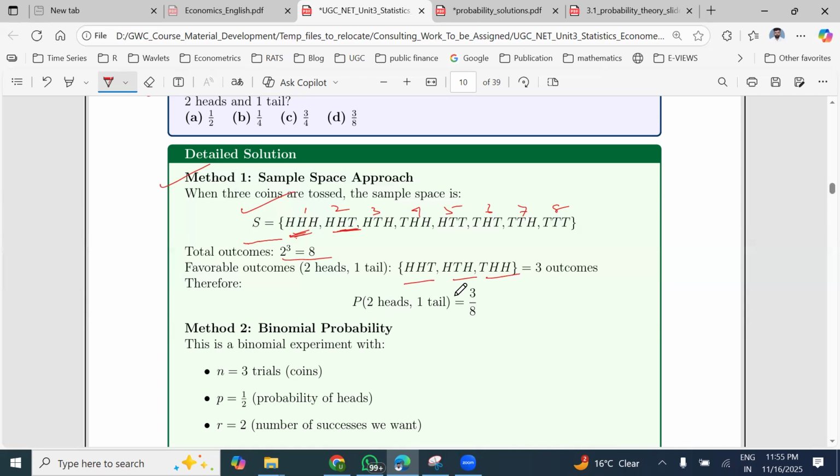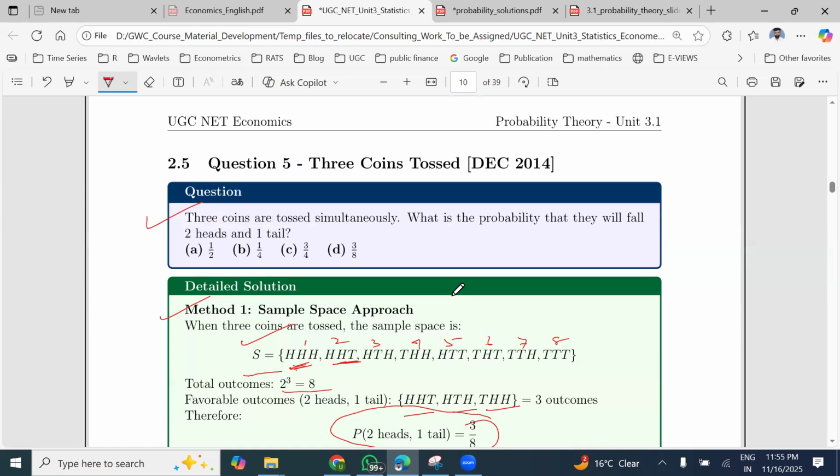So the probability of 2 heads and 1 tail is 3 by 8. This is the easiest, isn't it? Yes, sir. But we just have to find the sample space correctly. If you think too much, you will answer it wrongly, thinking we might have to do a lot of things.